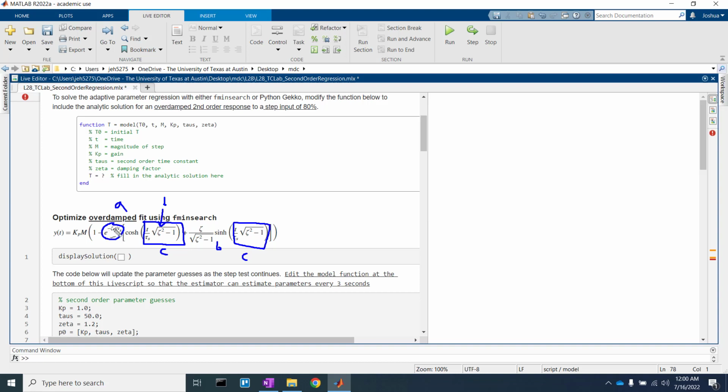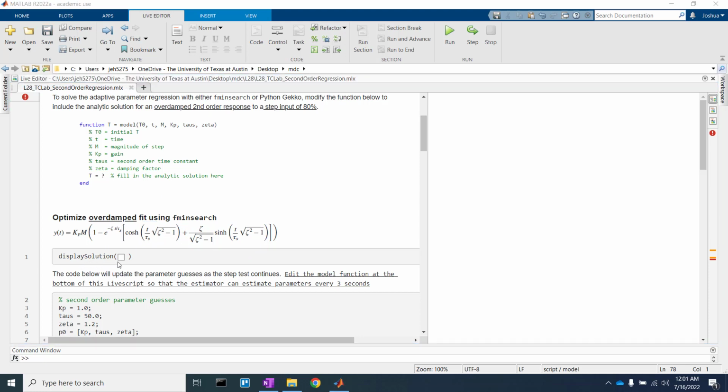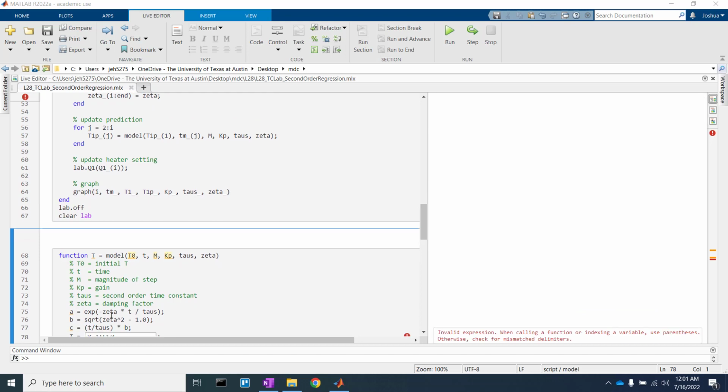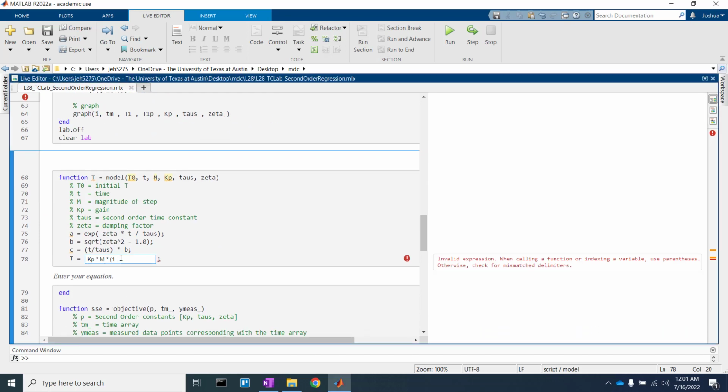So we're going to have a times hyperbolic cosine of c. 1 minus a times, we're going to need the actual multiplication there versus just the parentheses, hyperbolic cosine of c.